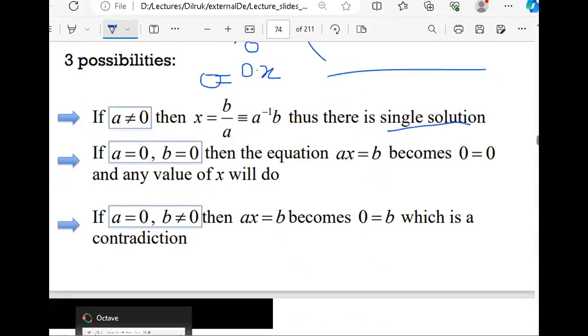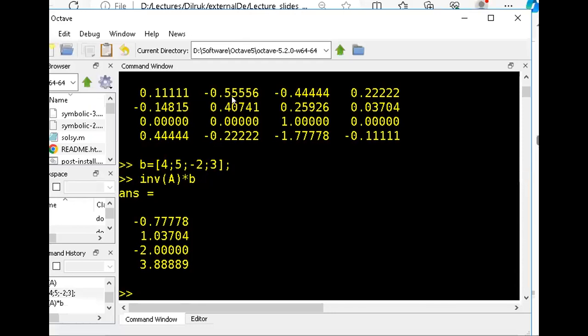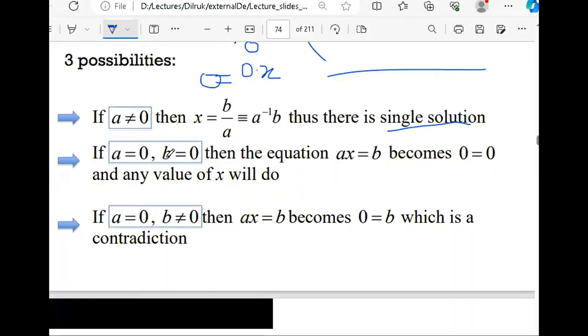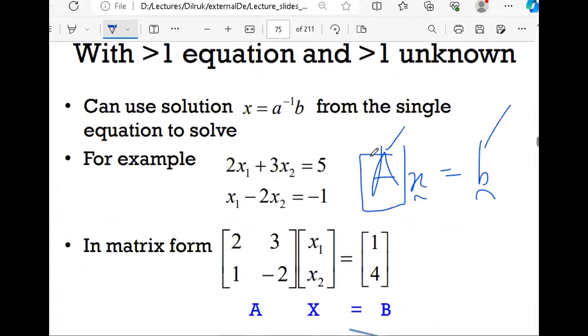In other words, a unique solution, or one solution. So the solution depends on the coefficient matrix. If it is non-singular, definitely this system has a unique solution.